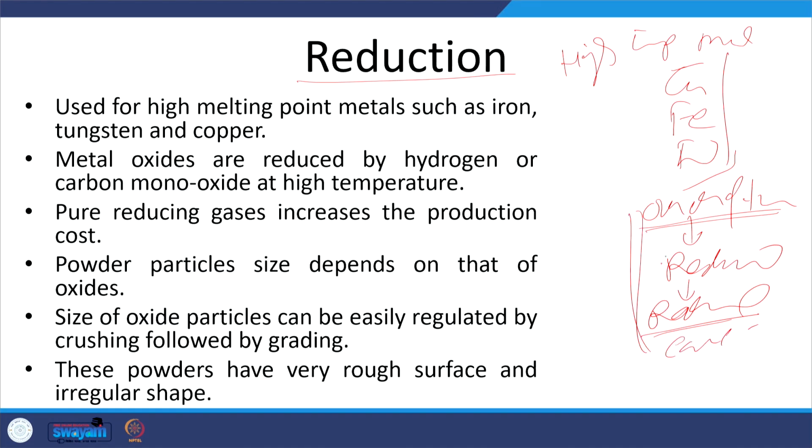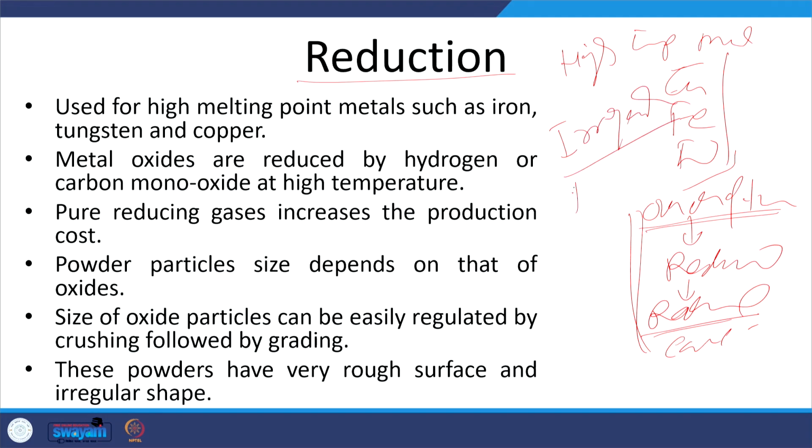The oxide in powder form is reduced using reducing gases to make the powders of these metals. These can then be crushed and graded to attain a particular size, but the size and shape of the powder obtained by this method is very irregular.